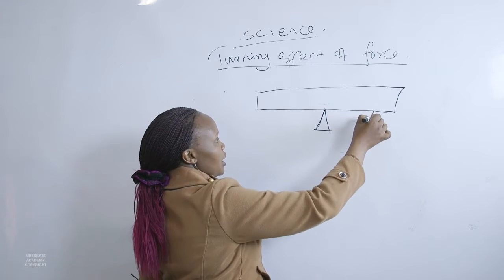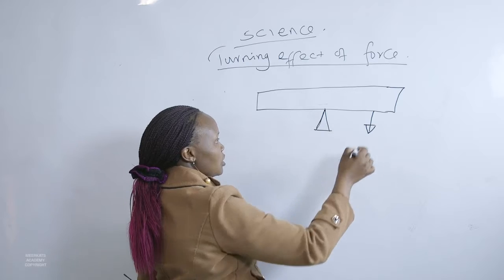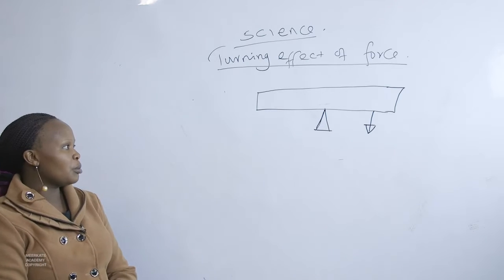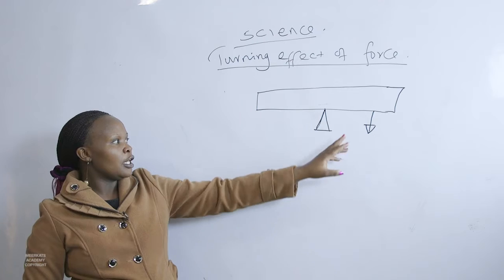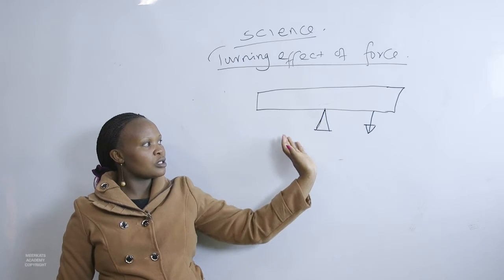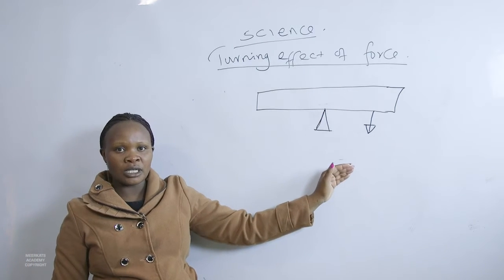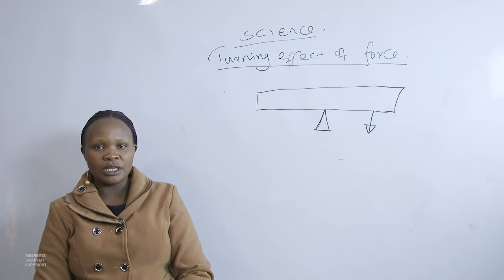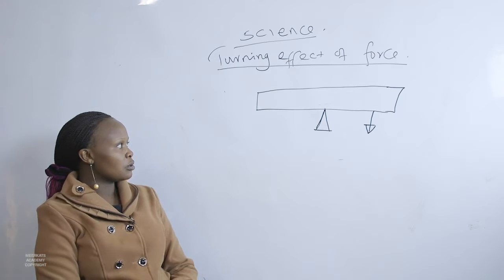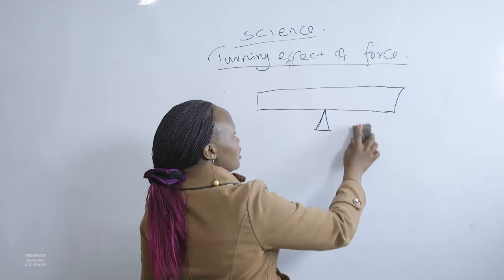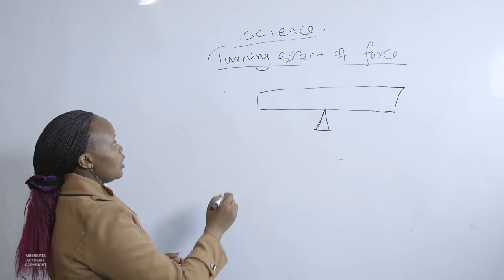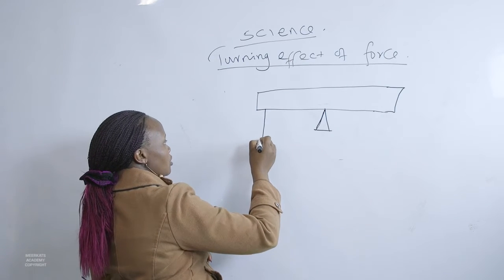Now, if you apply some force on this side at whatever point, and with reference to your fulcrum, this force is going to turn the meter rule about the fulcrum in the clockwise direction. Suppose the same is applied on this side.